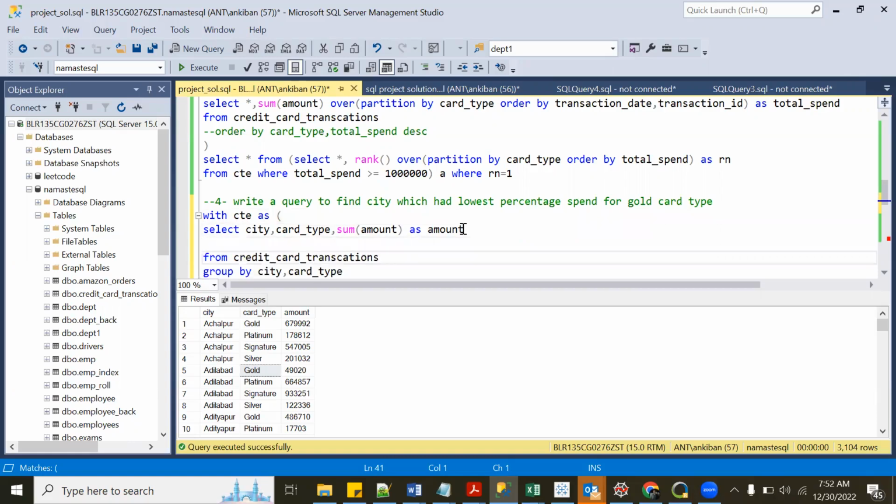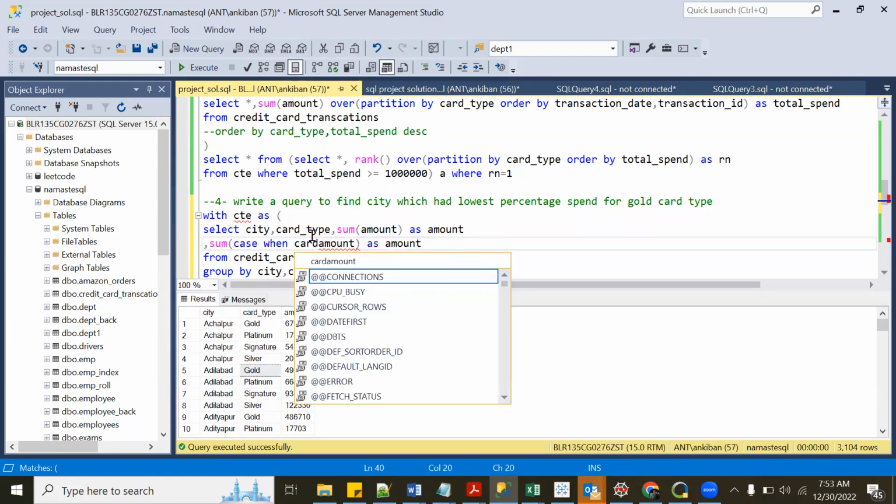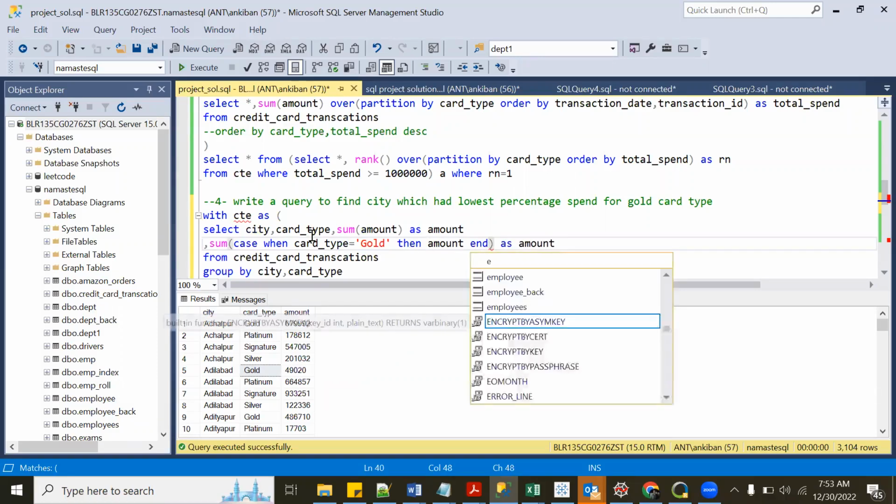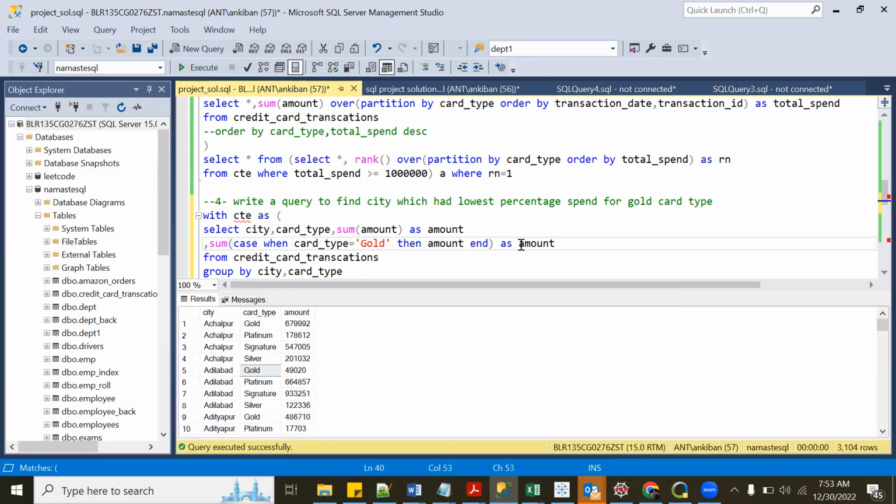I will say case when card type equal to gold, then amount, and as gold amount, right?